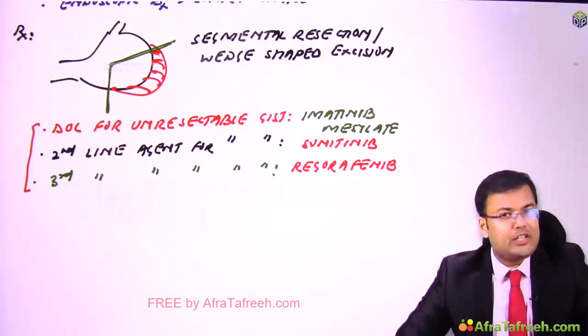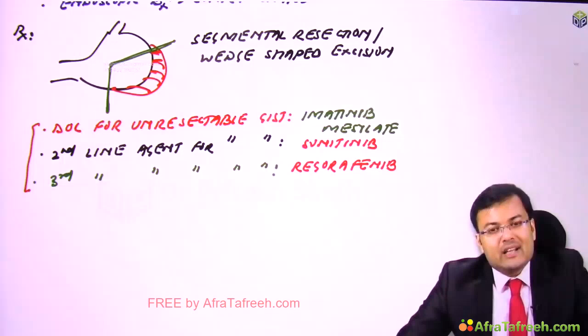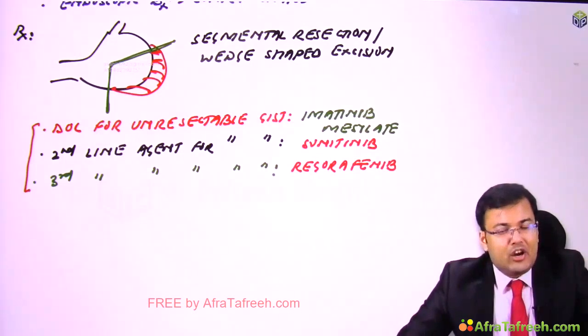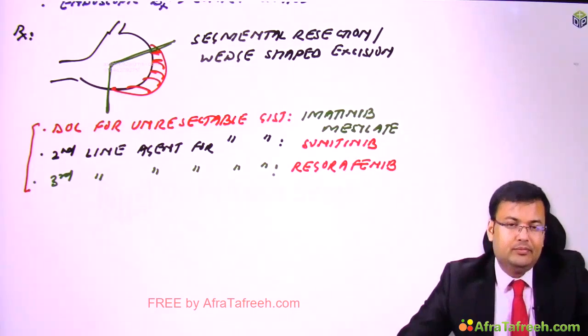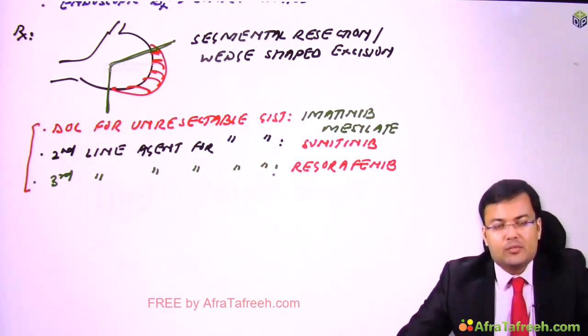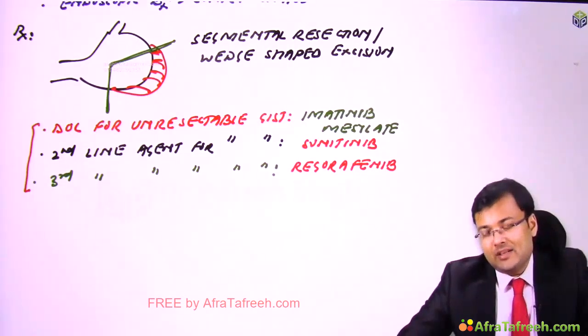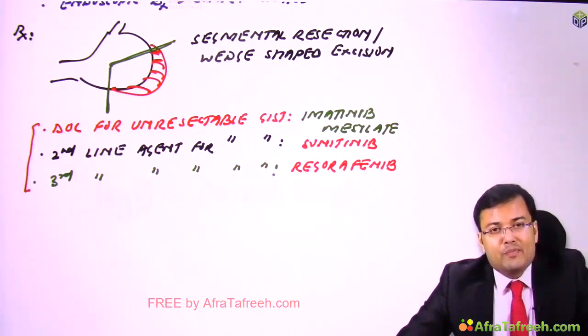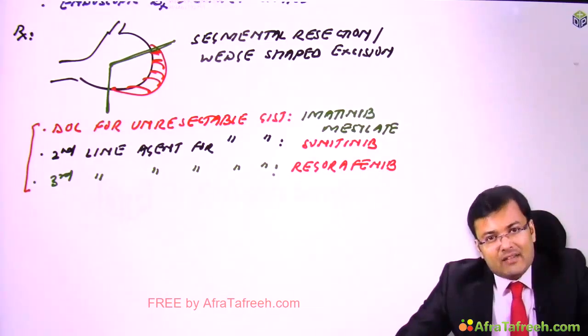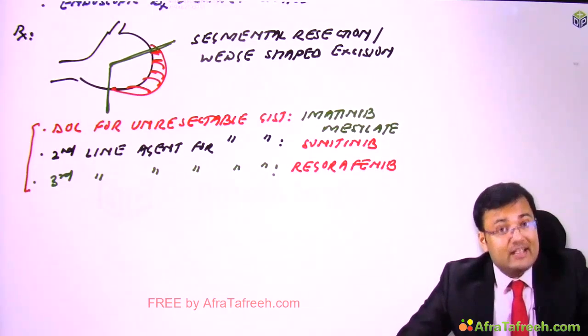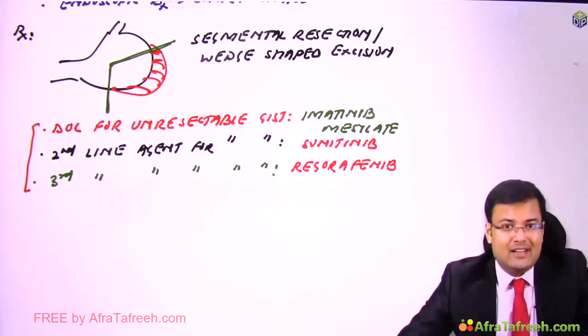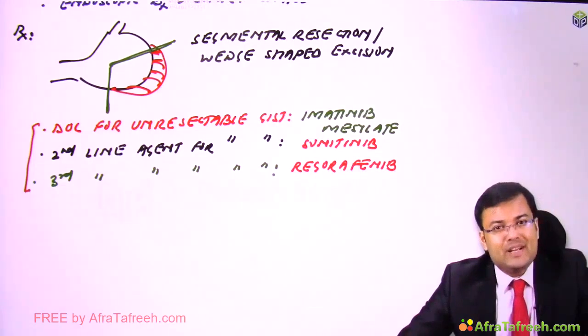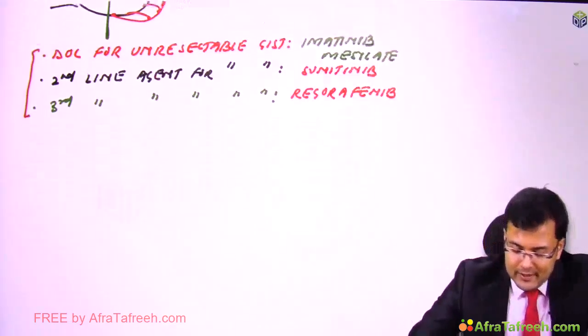Regorafenib. Question, suppose we start imatinib mesylate, how do we assess the response of therapy? We go for PET scan. And even after treatment, if there is recurrent GIST, what's the gold standard investigation? It's PET-CT. So two statements.